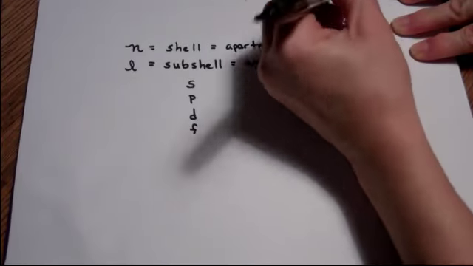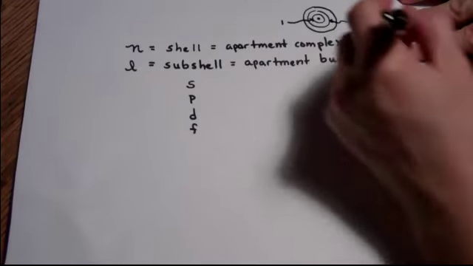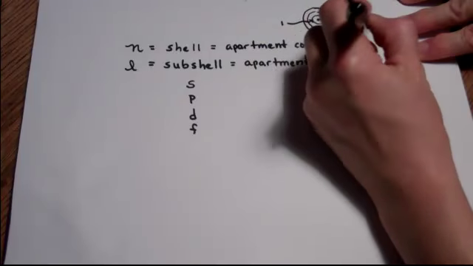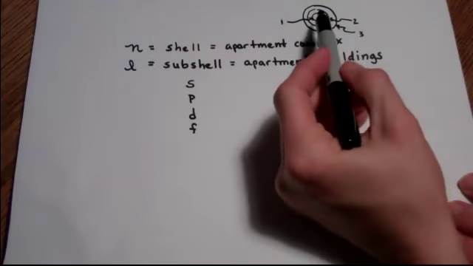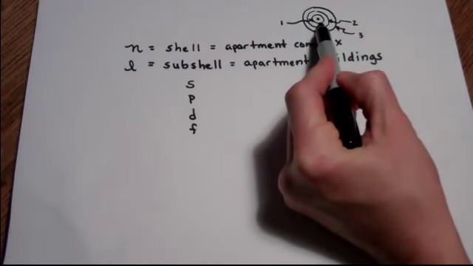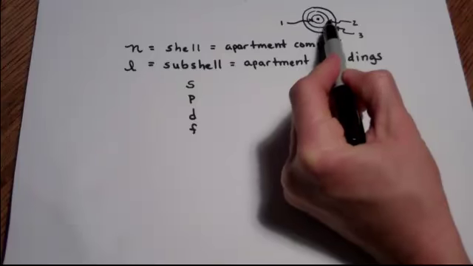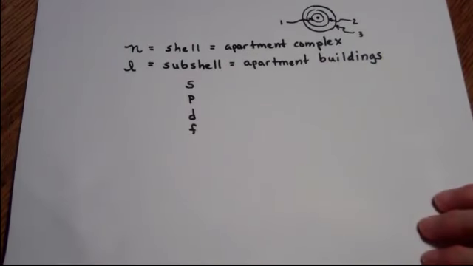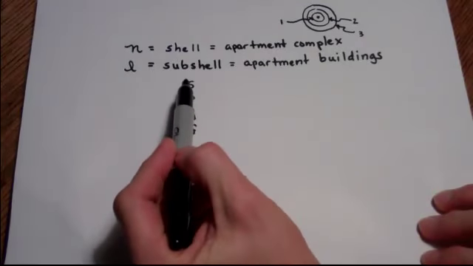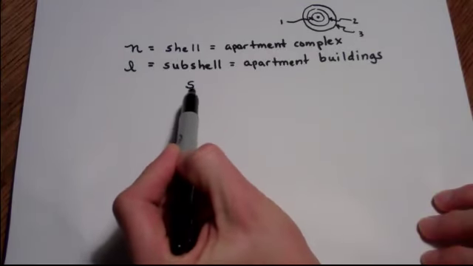The next shell out is going to be 2, and the next shell out would be 3, and so on. Up to 7 shells can be possible layerings where the electrons can exist around the atom. Because this inner shell is so small, and it's the closest one to the nucleus, it cannot house very many orbitals, and so it only has essentially one apartment building.